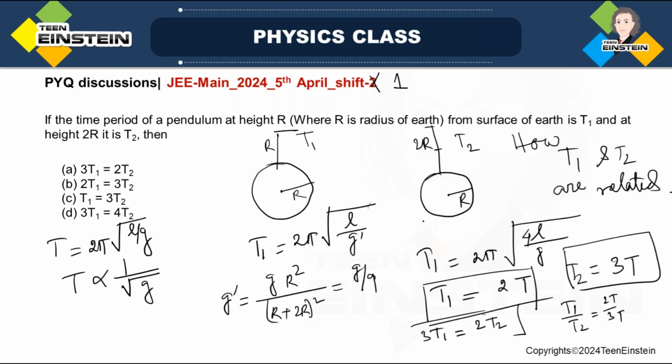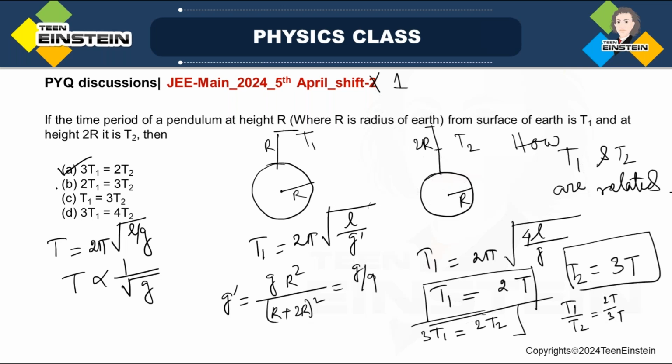Actually, I am doing it very slowly so that you can understand. But this calculation can be done in 25 to 30 seconds, maybe you can take hardly. Okay. So option A will be the correct answer for this question.